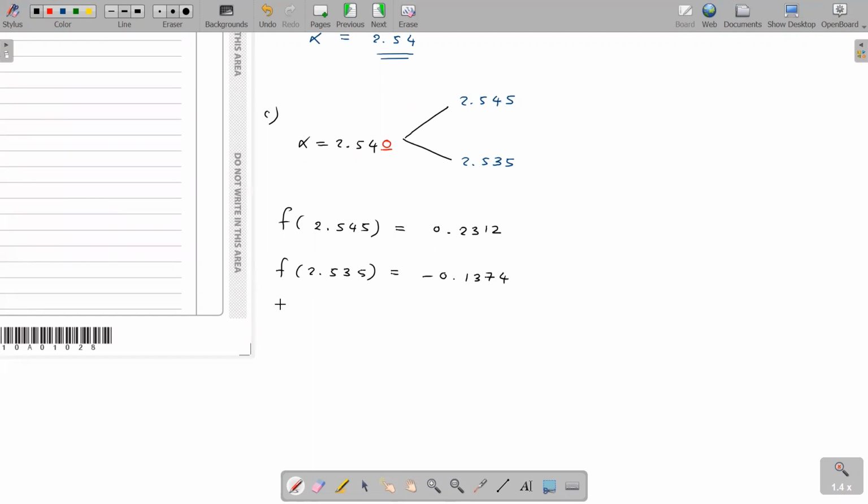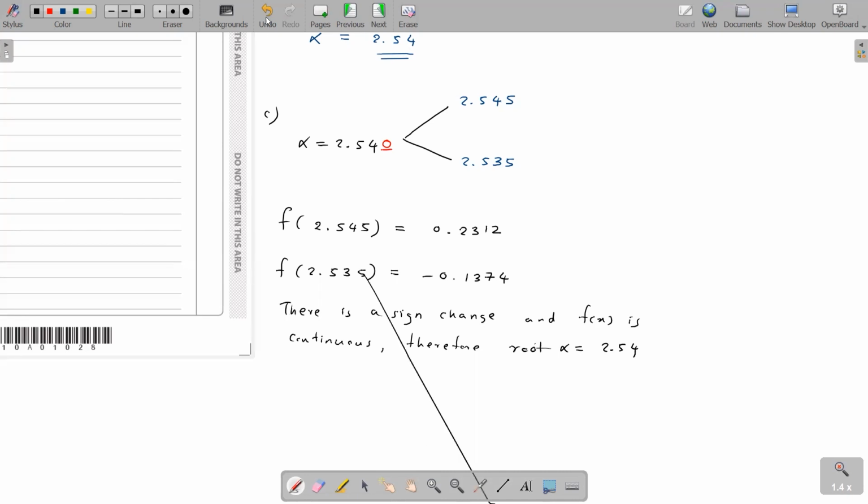There is a sign change. Make sure you give the conclusion. There is a sign change and f(x) is continuous. Therefore, root alpha equals 2.54.